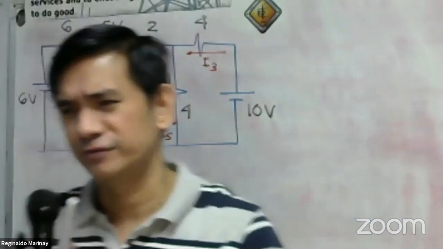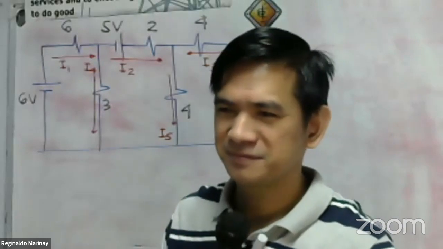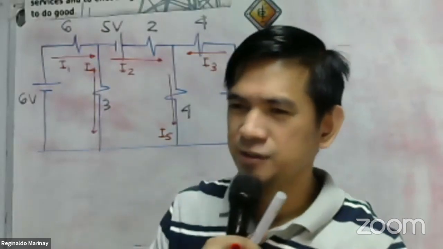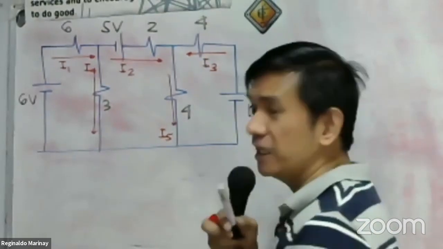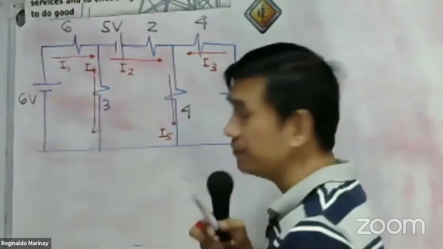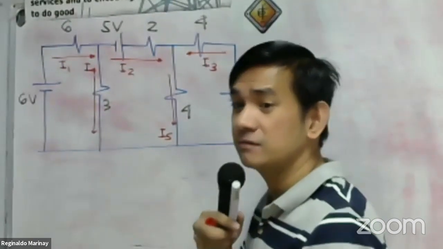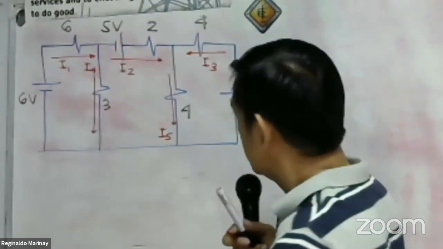That is too long. Ubos ang oras mo sa board exam. That is too long. We will reduce the unknowns to 3 only. Instead of 5 unknowns, I will make it 3 unknowns only. How to do it, sir?